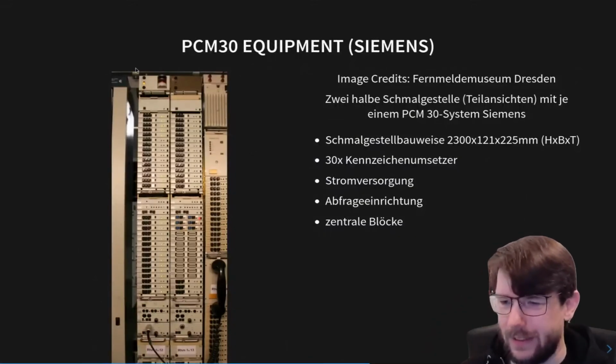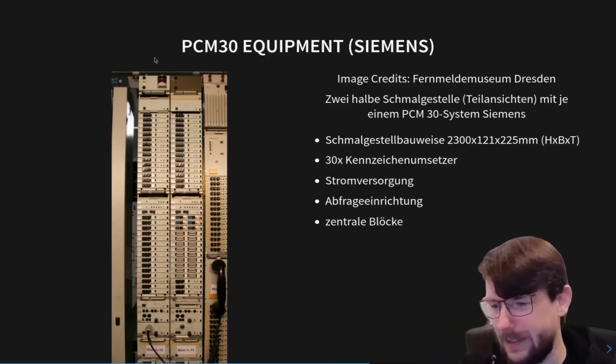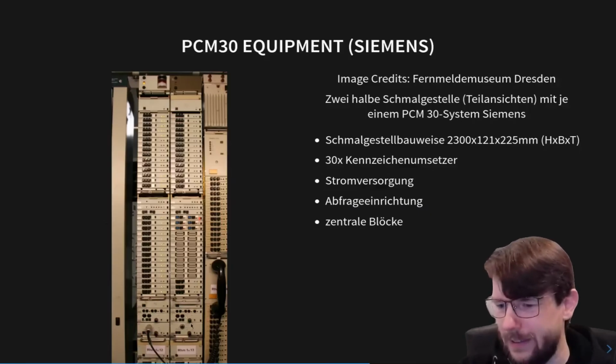It was always done in these high racks. That's typical for German telecom installations. So 2.30 meters high, and in this case very narrow, only 22 centimeters. Here you can see the individual modules for each of the time slots in one such unit.